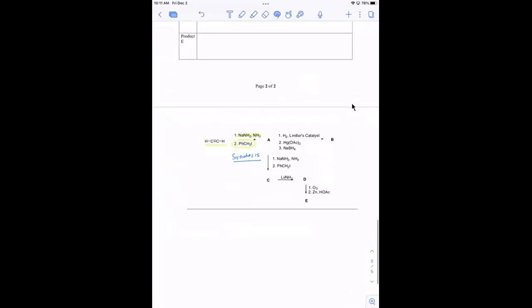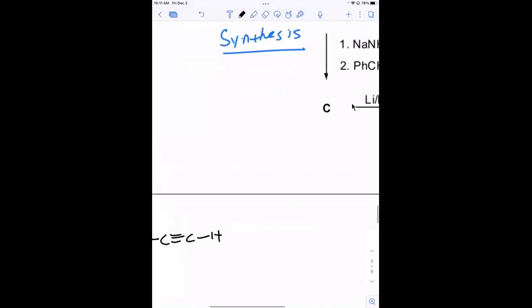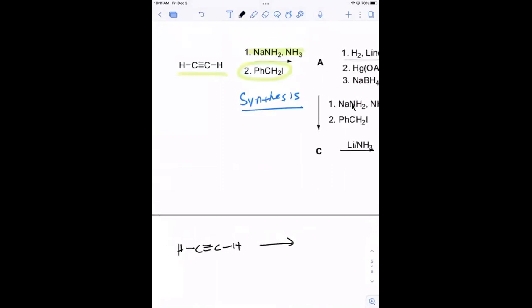All right, so we're going to take that first reaction, A. I'm going to take this alkyne and I'm reacting that with a two-step process.